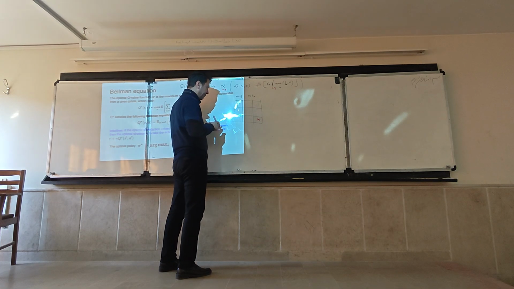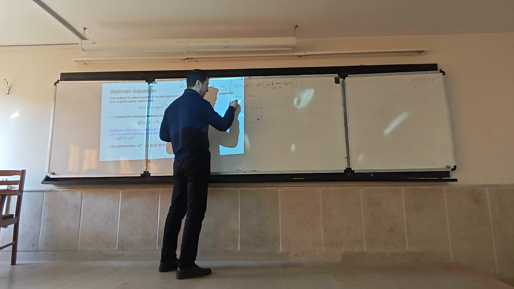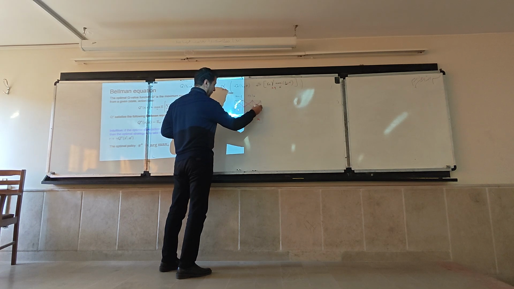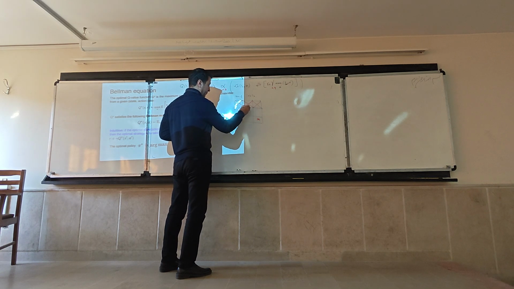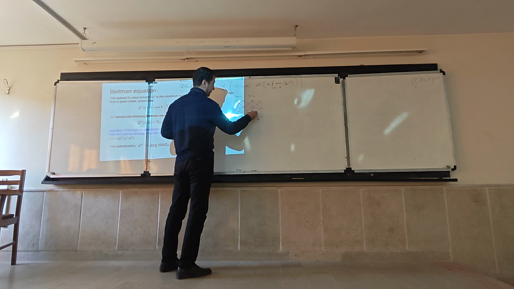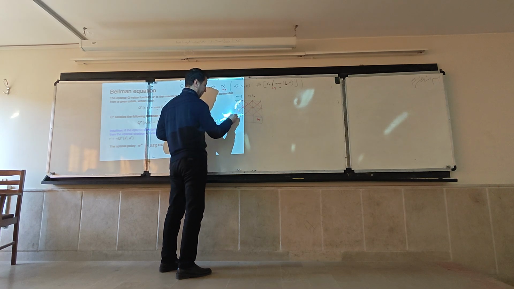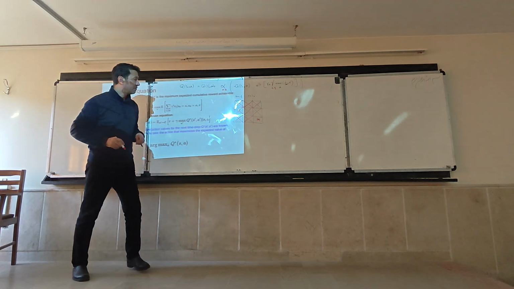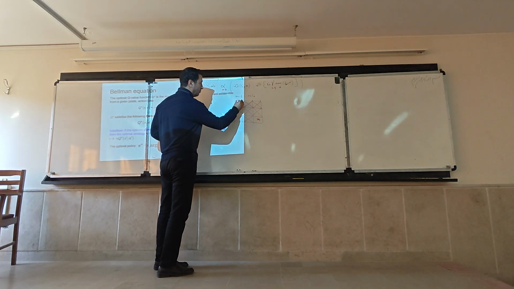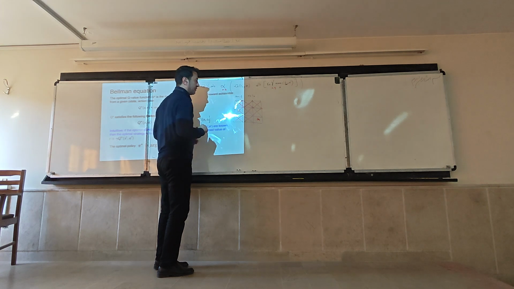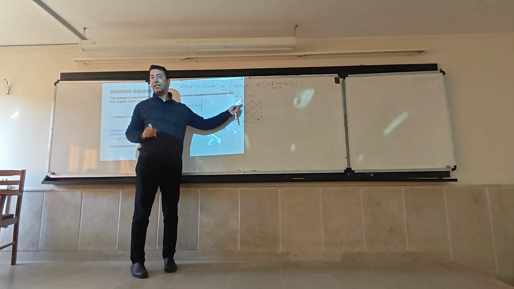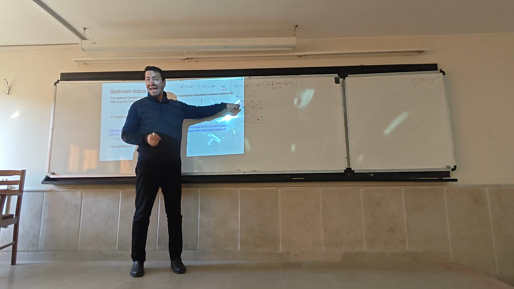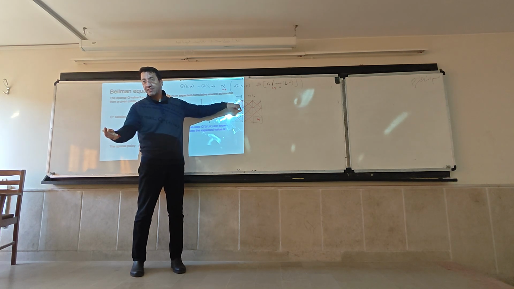So we do it like this. For example, in this room, when we put a value here, it means we are in this room and we are going right.